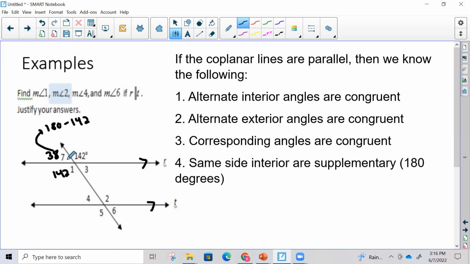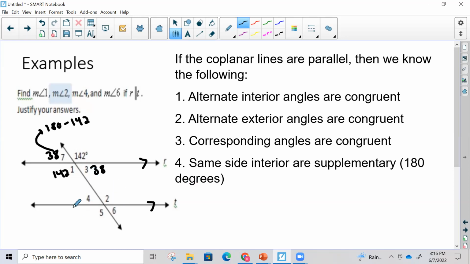Then I know that angle 3 is vertical to that, so angle 3 is also 38. Or I could again do 180 minus 142 to get angle 3. Okay, so those are these 4 angles. That has nothing to do with the angle pairs. We learned that in unit 1.